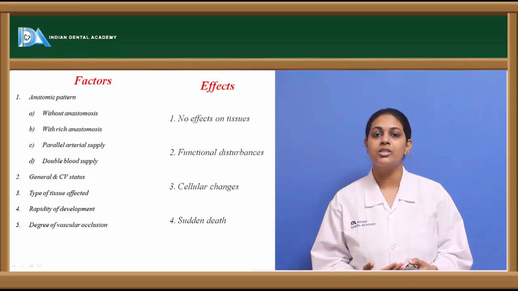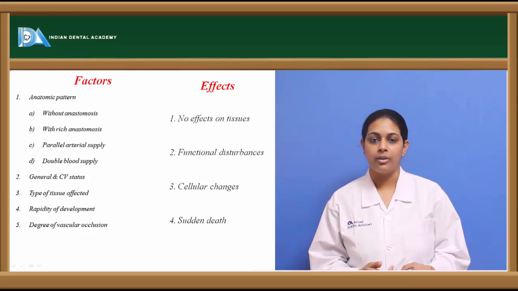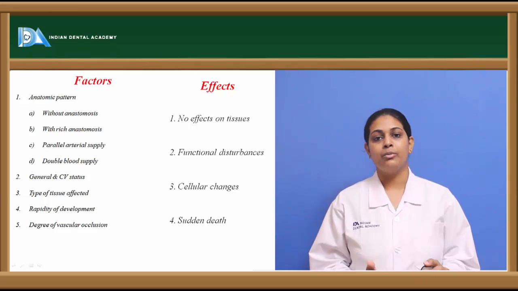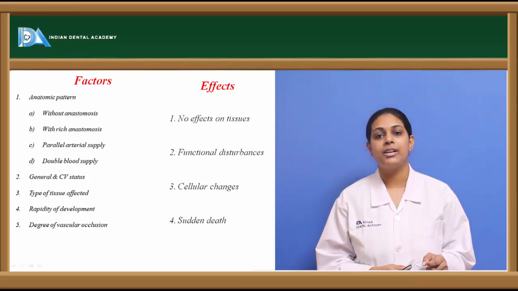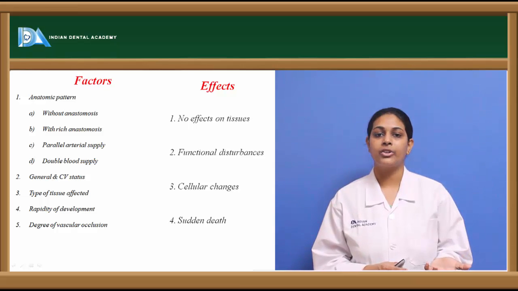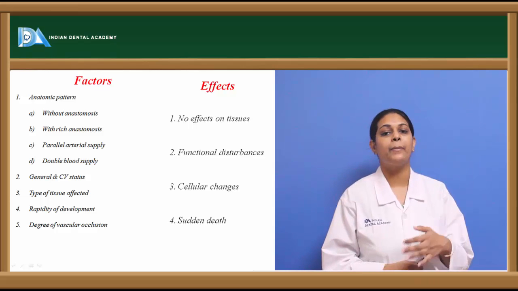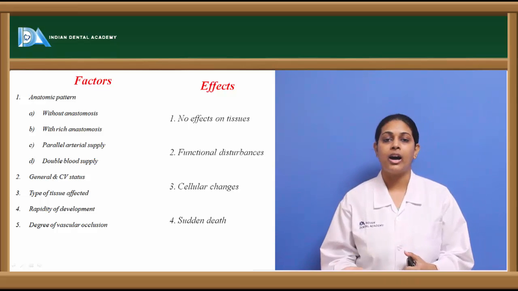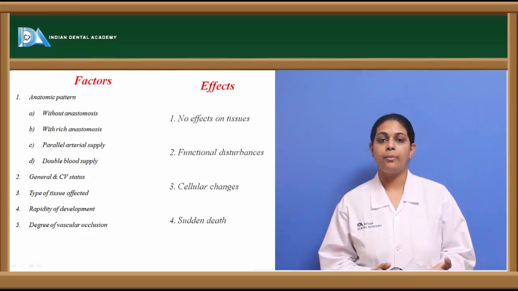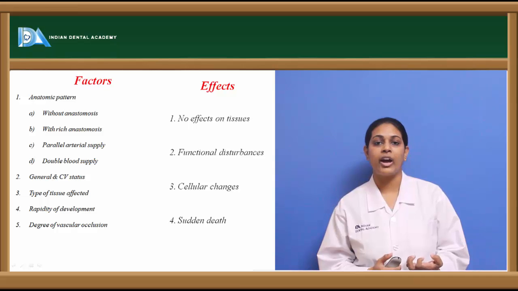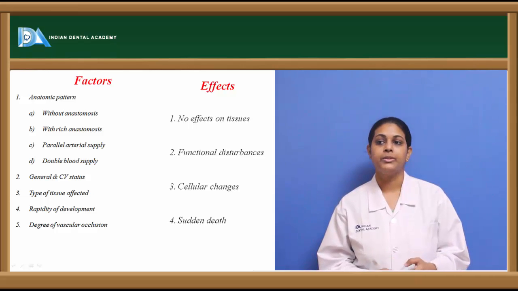So in such conditions, ischemia can be escaped because of this dual blood supply. Similarly, if one artery or one vein is damaged, it can be compensated by the other artery or vein supplying that particular organ. So this could also be one of the factors for ischemia not to develop.